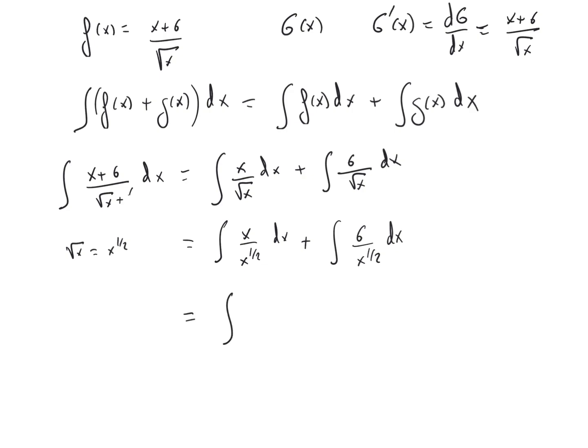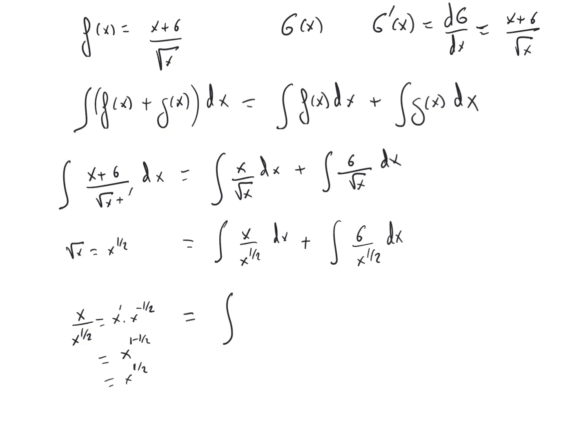We know the rules for exponents, and x divided by x raised to the 1/2 is the same as x multiplied by x to the minus 1/2. So this is x raised to the 1, and the product is x raised to 1 minus 1/2, or x raised to the 1/2.